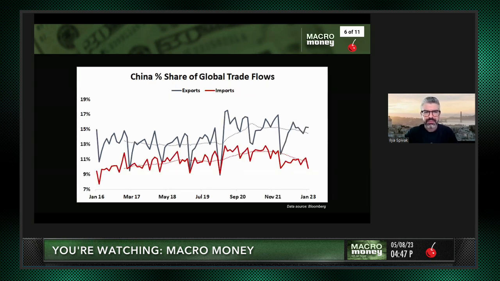Now, here is how China fits into that story. What we have here is a sense of China's share of global exports and imports flows. So the top line there is the share of global exports that belongs to China. You can see, of course, it vastly outstrips the share of global imports that pertain to China.